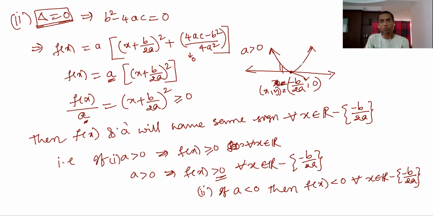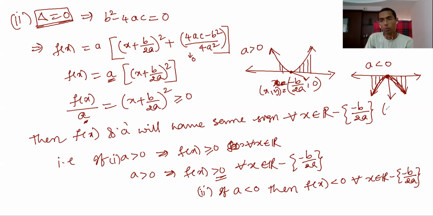For all remaining values, it is positive, like this. And for a less than 0, the graph will be like this, touching the x-axis only at one point, except this value minus b by 2a.